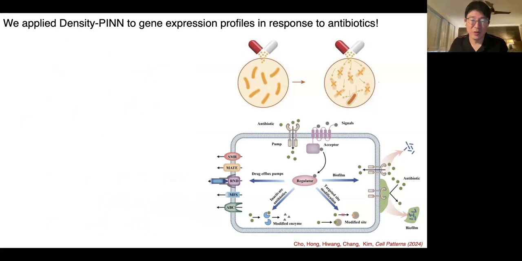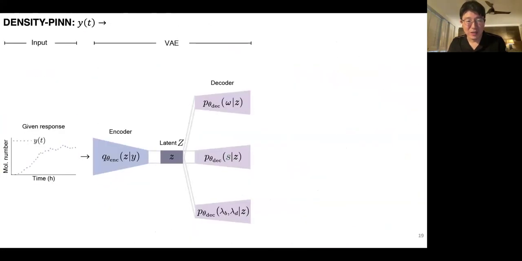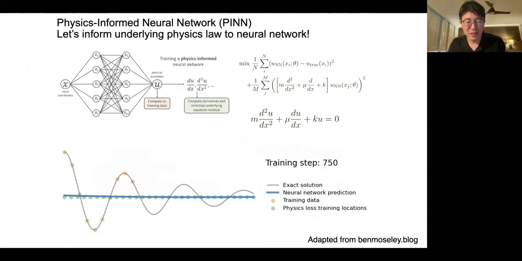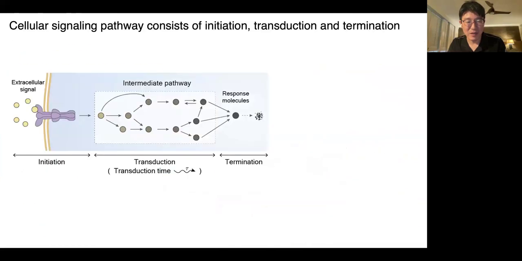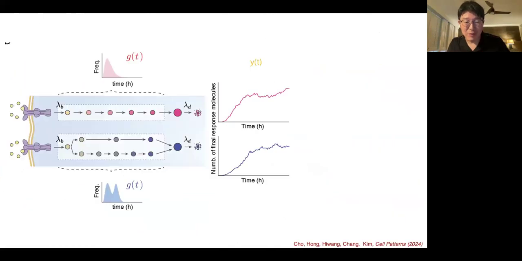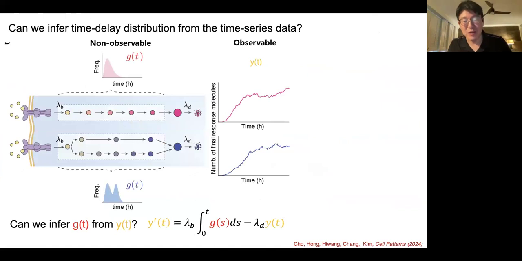Oh no. So actually, to infer this time delay, we worked on this problem for a long time. Previously, what we did is we assumed that this G of S follows some specific distribution like the gamma.